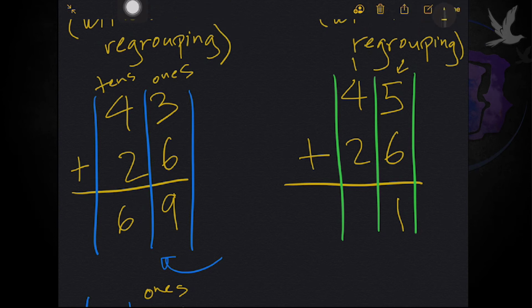So since it's just one there, it's always one. And again, if you're only adding two addends, okay? If you're only adding two addends, it's always one. Okay. Now adding 4 and 2 will give you 6 plus 1. Don't forget about that one there. That's very important. So which will give you 71.